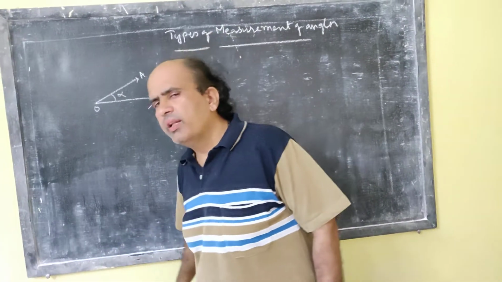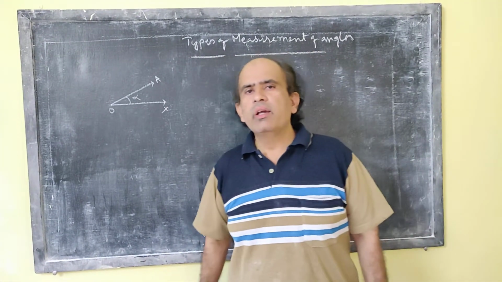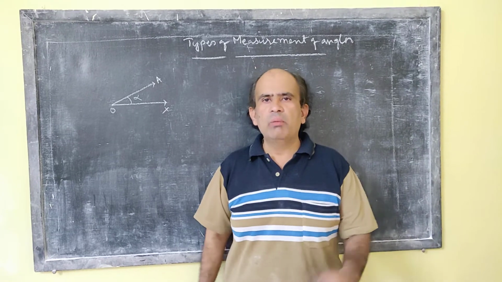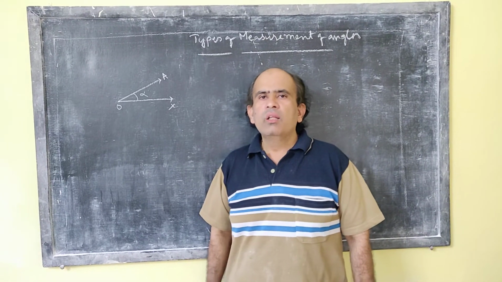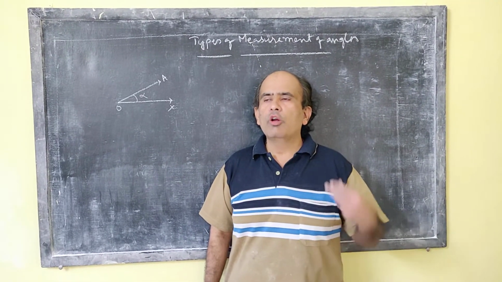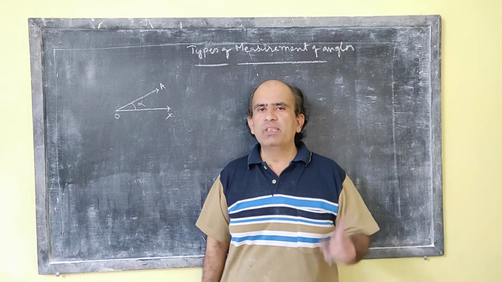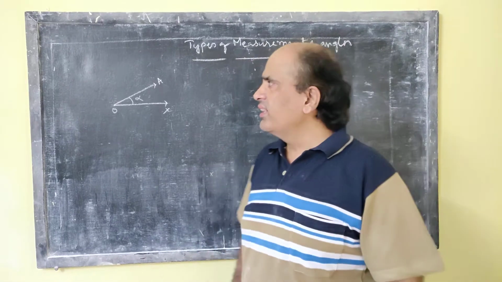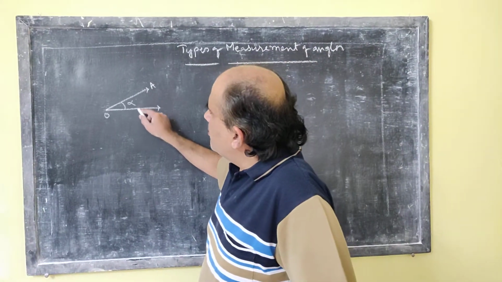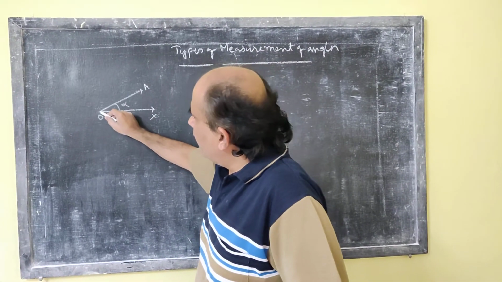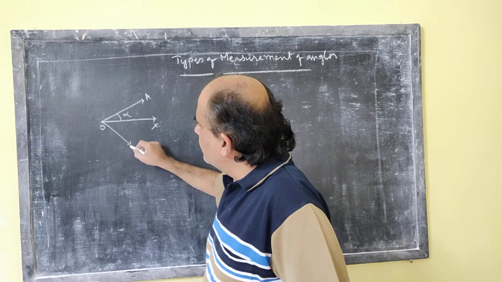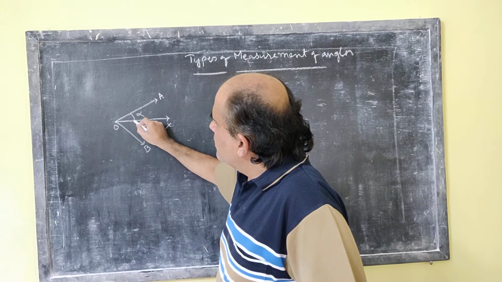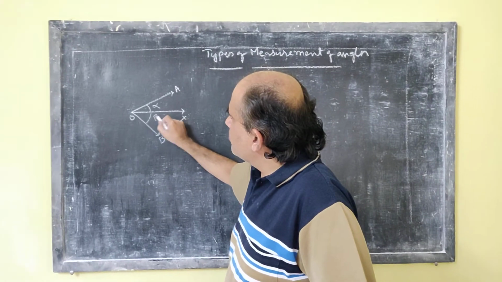Children, remember that angles are generally denoted with Greek letters: alpha, beta, gamma, delta, theta, etc. Or angles are also denoted with uppercase letters, capital A, capital B, capital C, etc. If I measure an angle this way, this is the angle alpha. Let me take another position B. This is some angle beta.